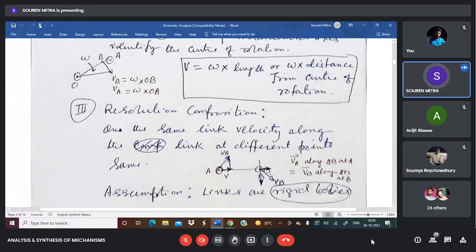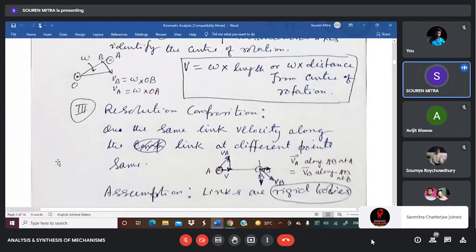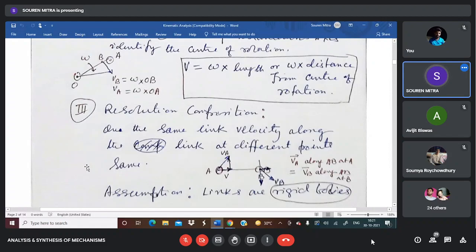Okay. So one component can easily be determined by resolving the known velocity into two components. The other component will be perpendicular to this, and this component we have to determine in magnitude, or alternatively we must know the direction of the final velocity, without which you cannot determine that. But only this assumption is enough to determine the velocities at some other point on the same link by this method, which is called the resolution and composition method.